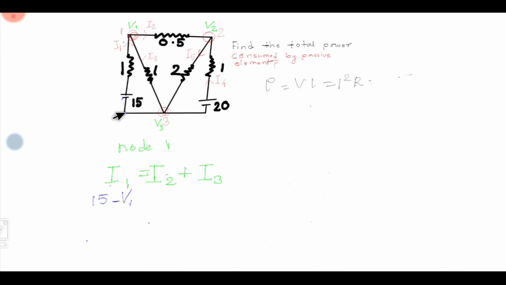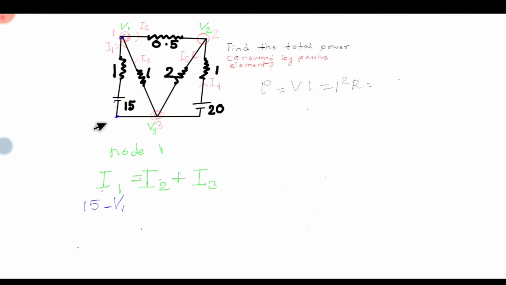The potential difference is 15 minus V1, and after dividing it by the resistance, which is 1, we get the current I1.